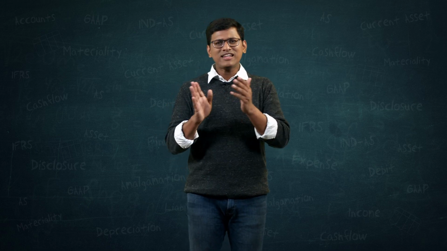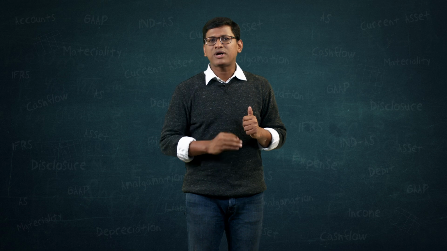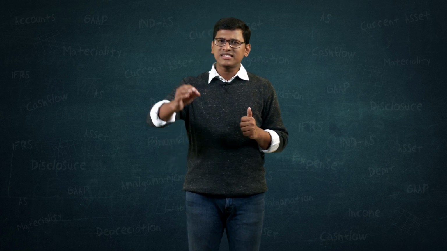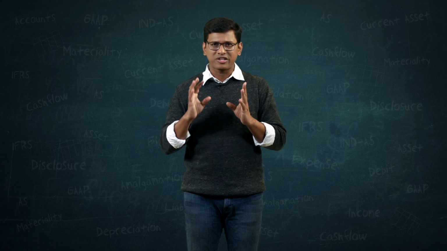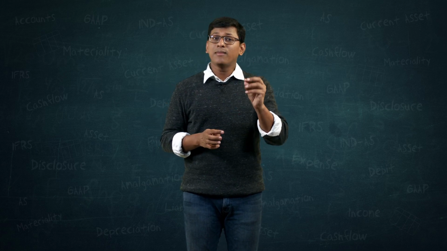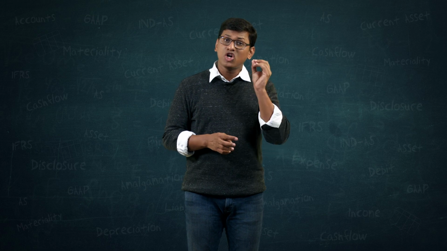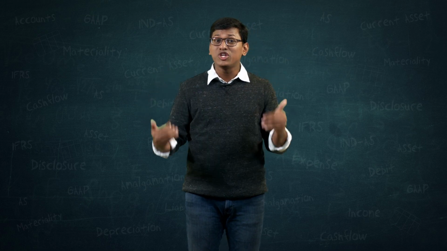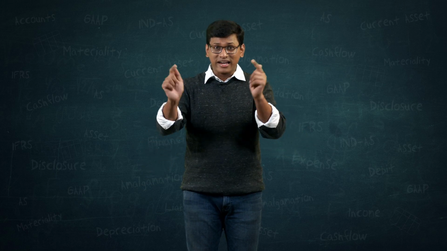Now, look at another scenario. You are purchasing machinery. That machinery is available off the shelf. You bought that machinery. After buying it, you have to spend about 6 months of time to get that machine ready for its intended use. Listen carefully. It is not ready right now.